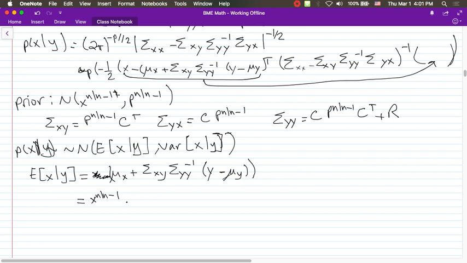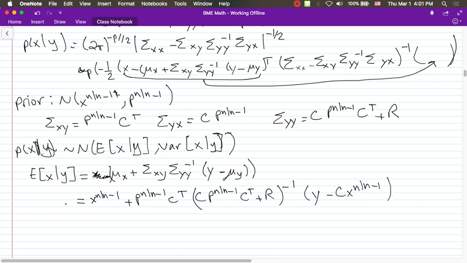Sigma xy is P of n given n minus 1 C transpose. Sigma yy is C P of n given n minus 1 C transpose plus R, quantity inverse, times y minus mu y, which is C x of n given n minus 1.